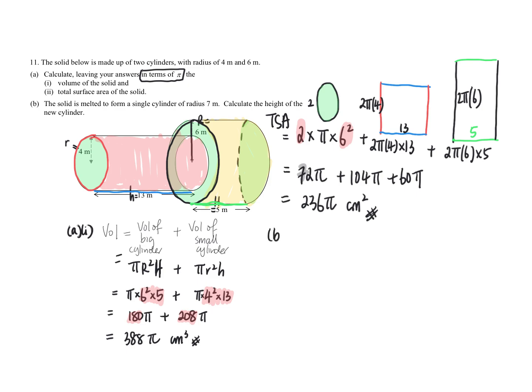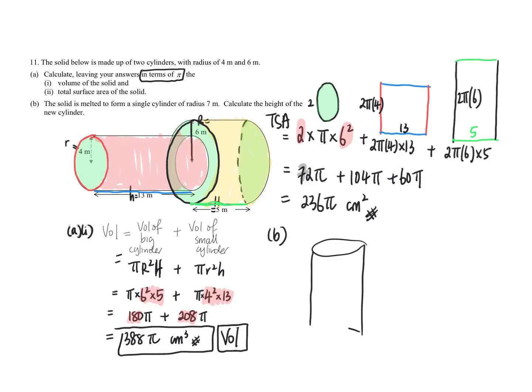Okay, the last part. This is my volume. I'm going to remelt it. I will melt it and make it into a new shape. So melt this whole thing, still the same volume, and then I'm going to make it into a new cylinder. They tell me this new cylinder has radius 7 and I don't know what the height is. But I know the volume is 388 pi because I've remelted it.